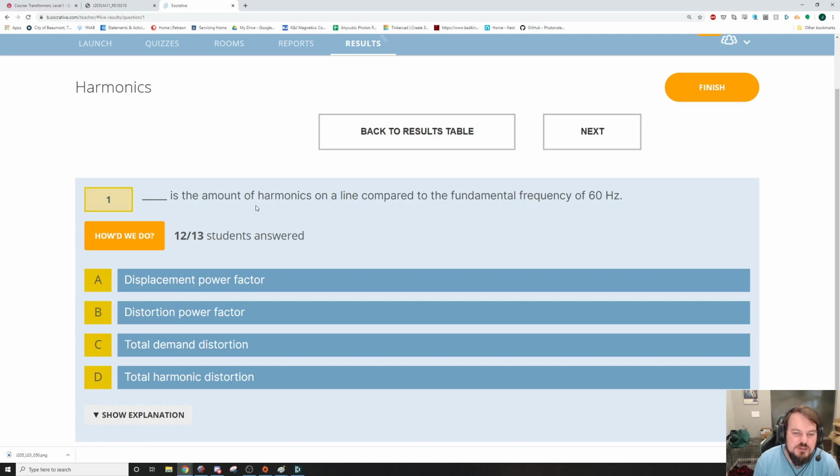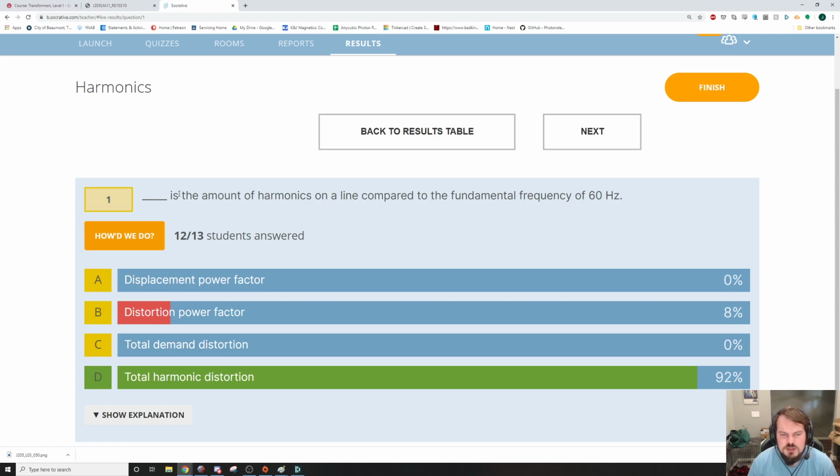Alright, blank is the amount of harmonics on a line compared to the fundamental frequency of 60 hertz. Total harmonic distortion. This is a vocabulary term. If this is on the test, I would just look up the answers and see which definition matches what you're looking for.